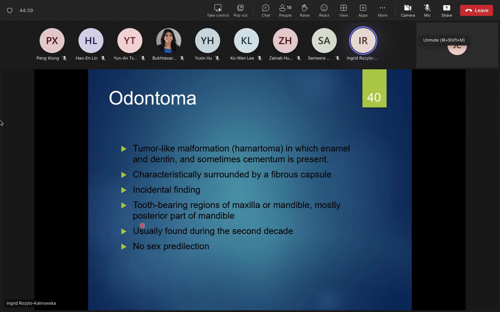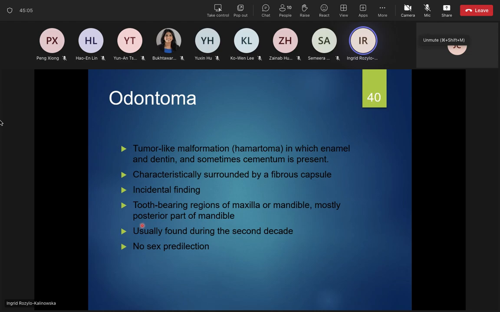So hamartoma is somewhere between a tumor, a neoplasm, and a developmental malformation, because in case of odontoma, there's no potential of growth.